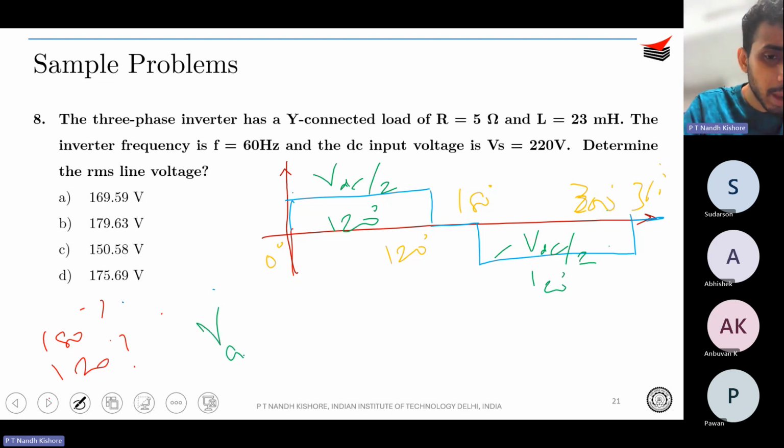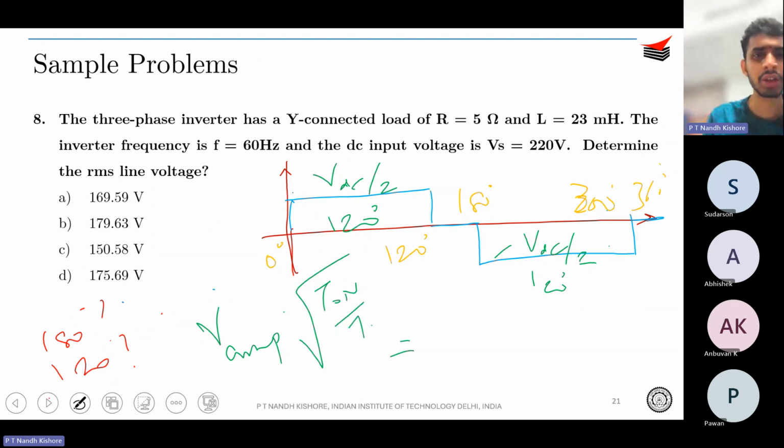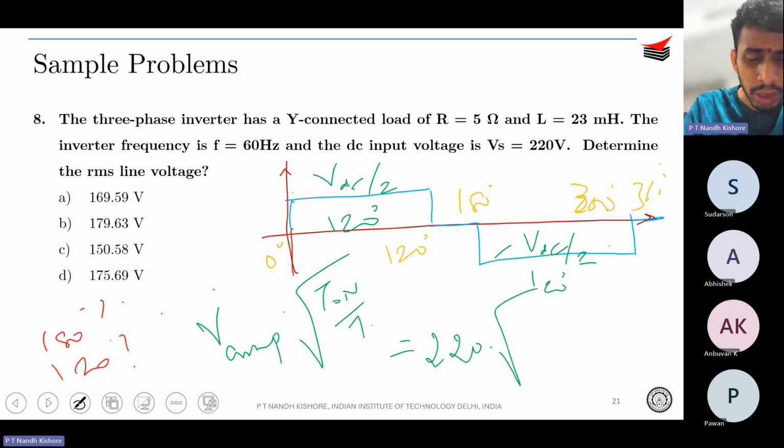So simply it is V amplitude into root over T on by T. That is your RMS, correct? So what's your amplitude? It is 220 into root over T on by T, right? So 240 over 360.